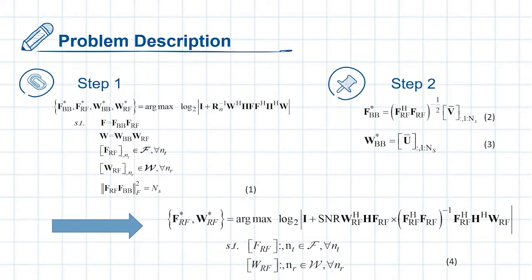Then, the optimal hybrid precoder can be found through exhaustive search of candidate RF beamforming combination vectors, which means the hybrid precoding design problem can be transformed into an exhaustive search problem of the RF precoding combination matrix, which can be expressed as Formula 4.